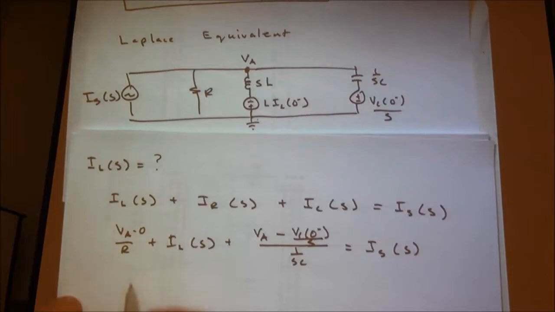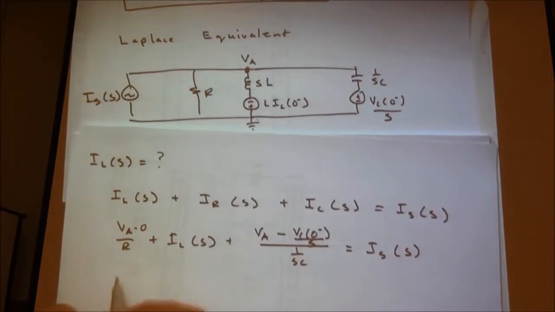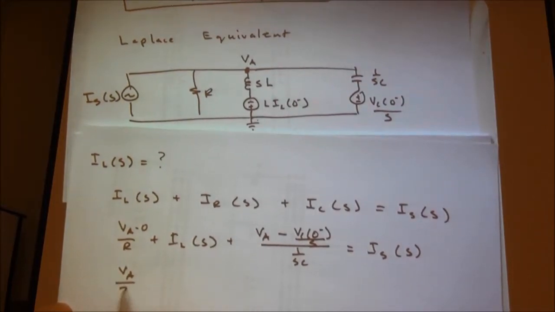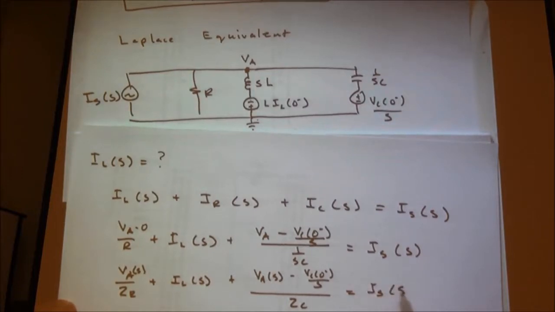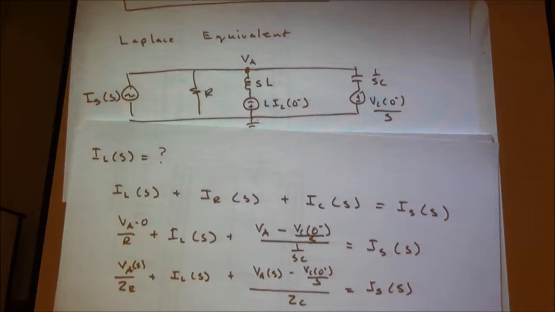Another way of writing all these things is VA over ZR plus IL of S, which again is what we're interested in, and this is VA of S as well. VA of S minus VC(0 minus) over S, over ZC. Essentially, write it a little bit more symbolically, I would put that first only, just to remind ourselves where all that 1 over SC came from.